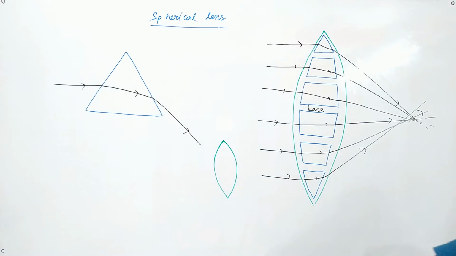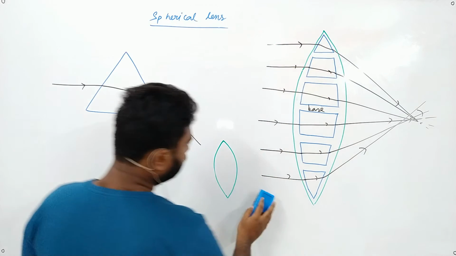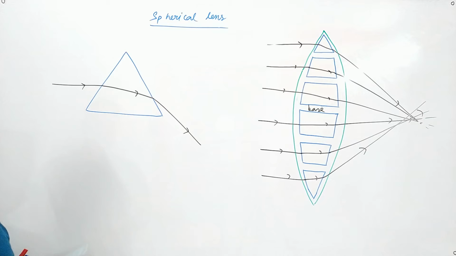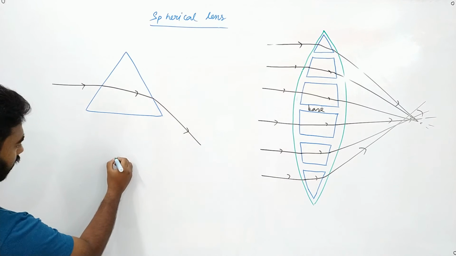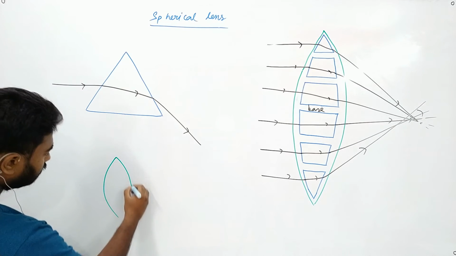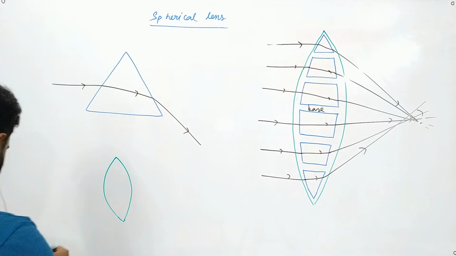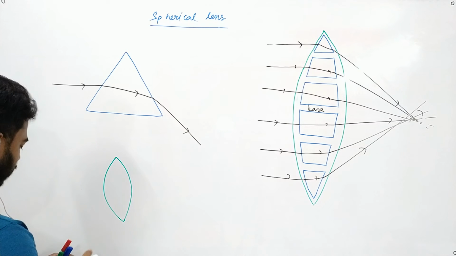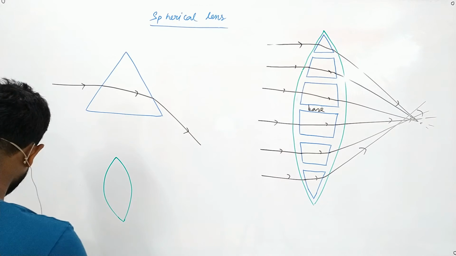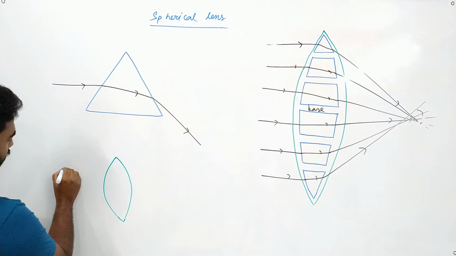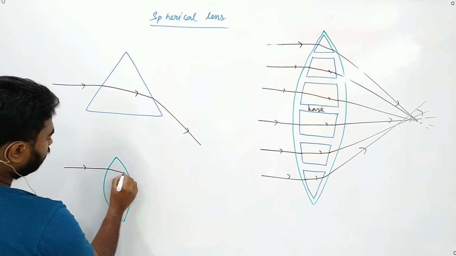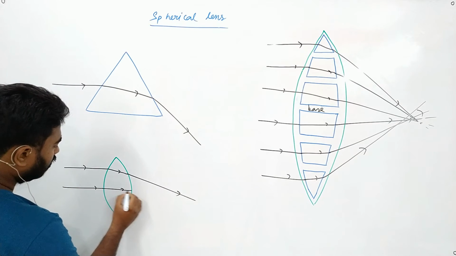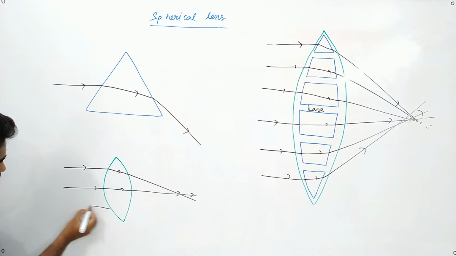Can I say, after comparing it with this one, that if this is the case and I draw a lens like this, and if I send some rays parallel to it, then if the rays come, they will simply go like this?